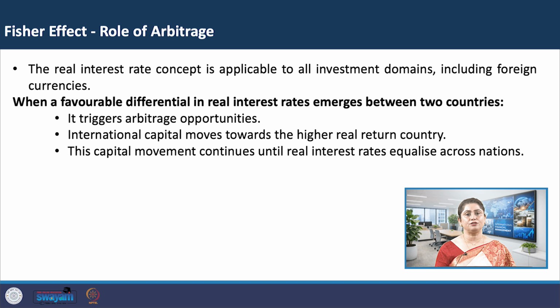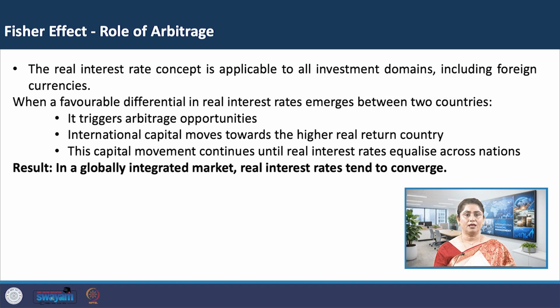This process continues until real interest rates equalize across the two countries. This is an equilibrium condition. In the world of free capital movement and rational investors, real interest rates cannot remain persistently different across countries.